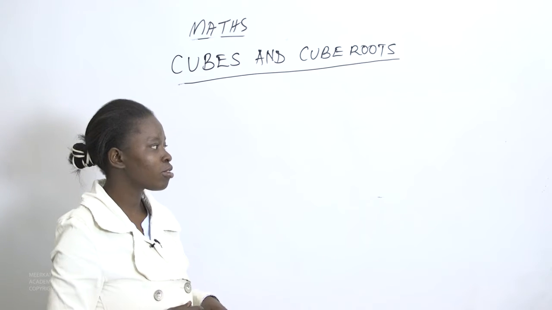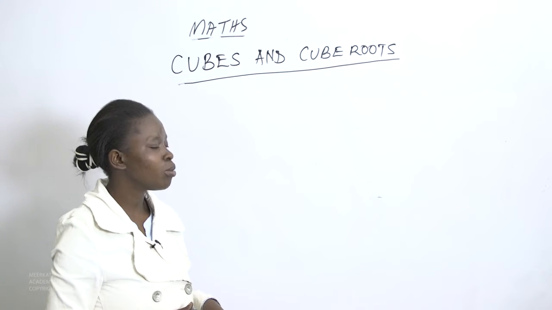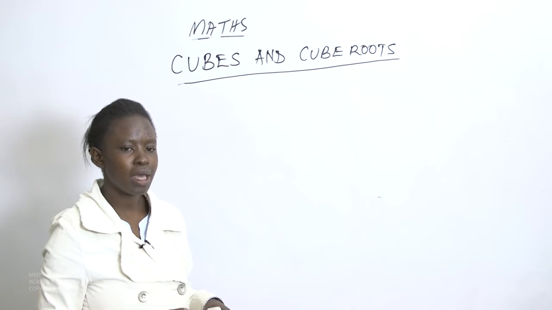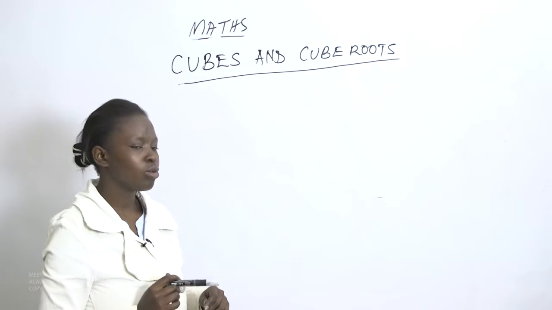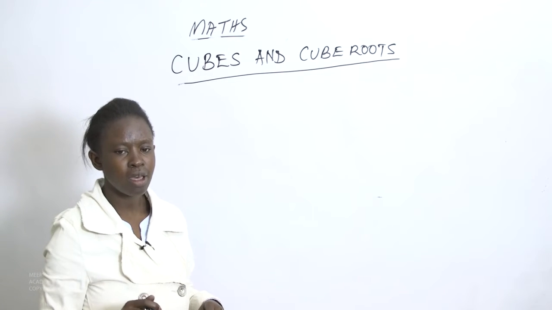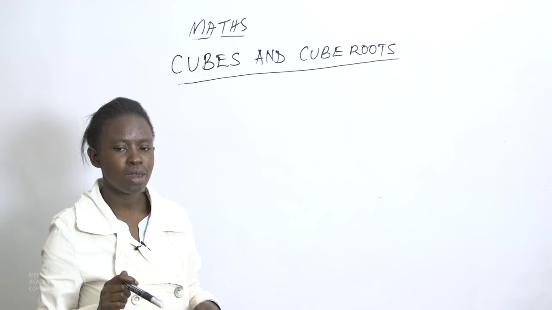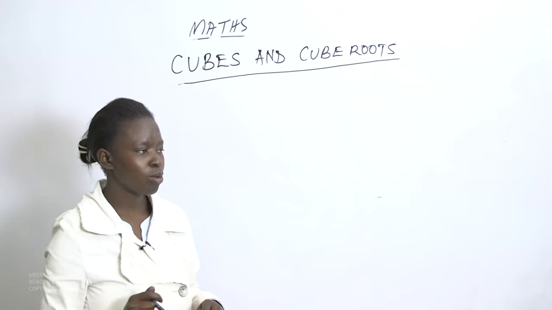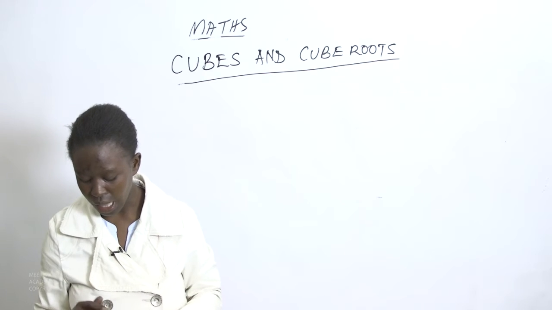So what is the difference? The difference between a cube and a cube root is the number that you are multiplying itself repeatedly to get a cube. But the cube is the number that is obtained after multiplying the number repeatedly 3 times, so that whatever answer you will be obtaining will be a cube.